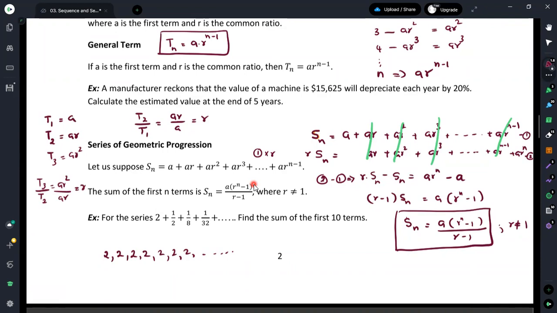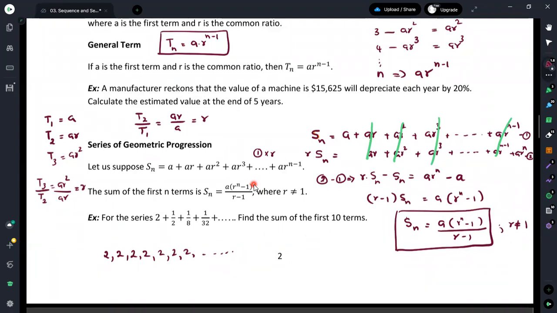Therefore, the common ratio can be found by taking the ratio between two terms. Always the latter term becomes the numerator and the existing term becomes the denominator of this quotient.